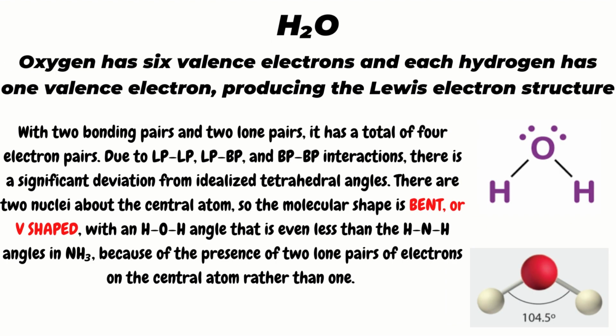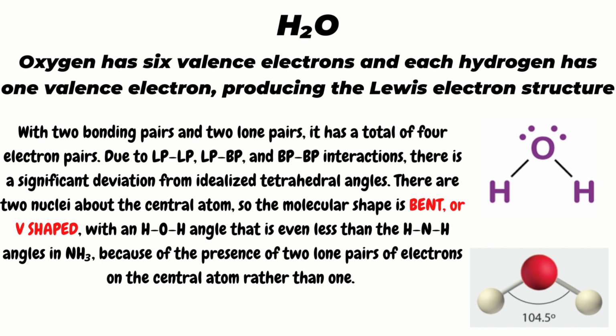Another example is H2O, water. Oxygen has 6 valence electrons and each hydrogen has 1 valence electron, producing the given Lewis electron structure. With 2 bonding pairs and 2 lone pairs, it has a total of 4 electron pairs.